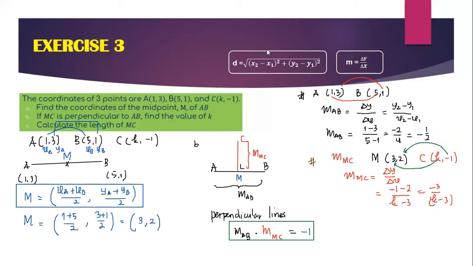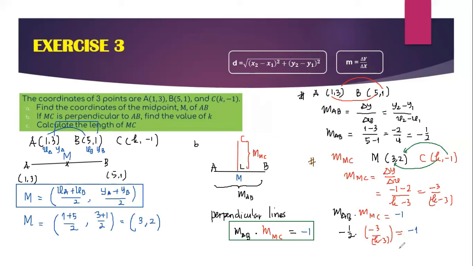The perpendicular lines: MAB times MMC equals minus 1, right? Now you're going to insert the number. The gradient AB is minus a half. The gradient of MC is minus 3 over k minus 3, equal minus 1, right?